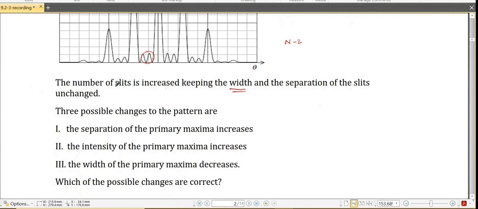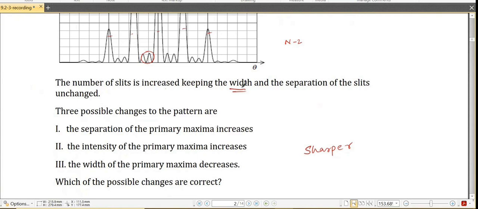When the number of slits increases, of course, we know that the pattern becomes sharper, right? So keep in your mind, when the number of slits increases, the pattern becomes sharper. The separation of the primary maxima, which is this one, this one, this one, this one, and this.